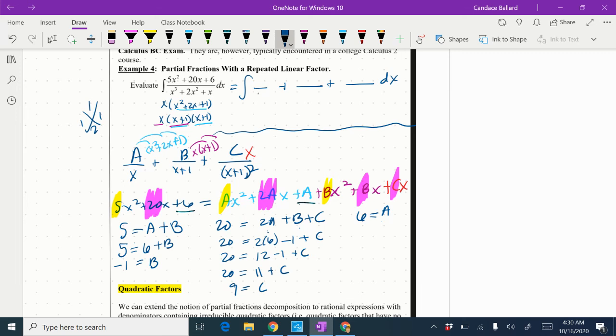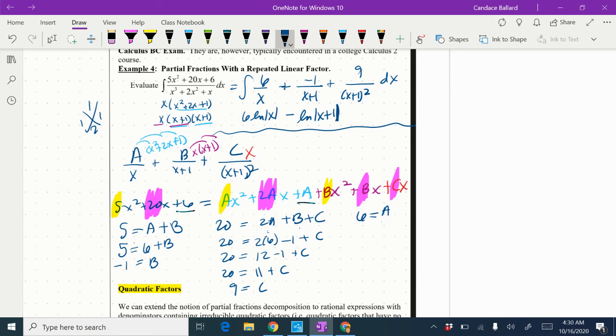So when I put this all together, I see that a is 6, b is -1, and c ends up being 9. And then I'm going to start integrating. When I integrate this one, I know it looks like a 1 over x. So that's 6 natural log absolute value of x. And then minus 1 natural log absolute value of x plus 1.